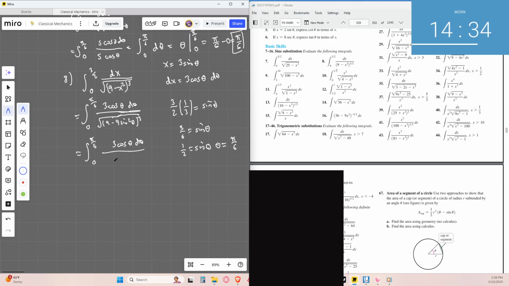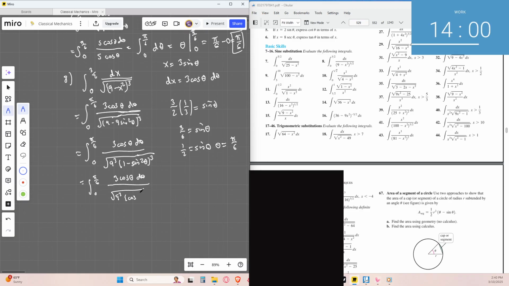So first off, we're left with 9 to the third. Then we got 1 minus sine squared theta to the third, thereby cosine. So like this.